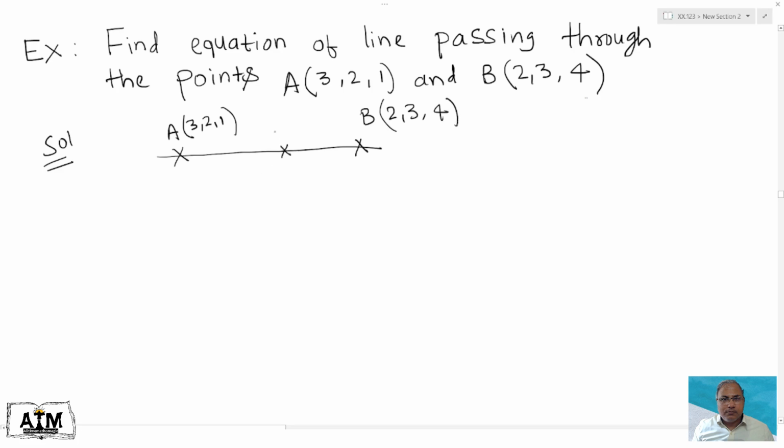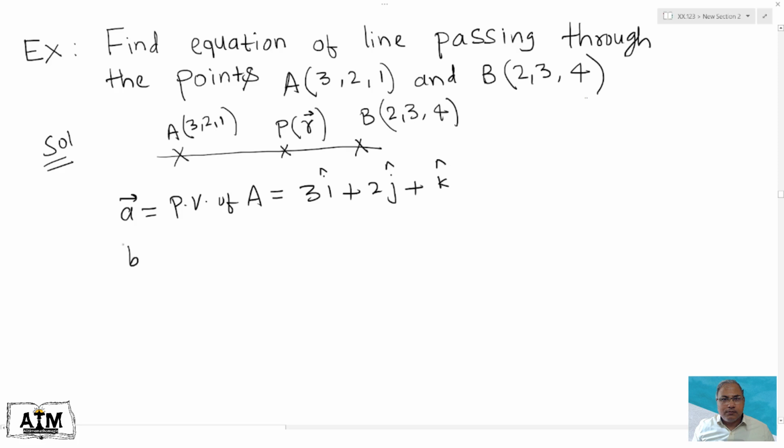Consider any point P present on the line with position vector R. Vector R is the position vector of point P. Now vector A is the position vector of point A, so since point A is given by 3 2 1, the position vector of point A is 3i cap plus 2j cap plus k cap.